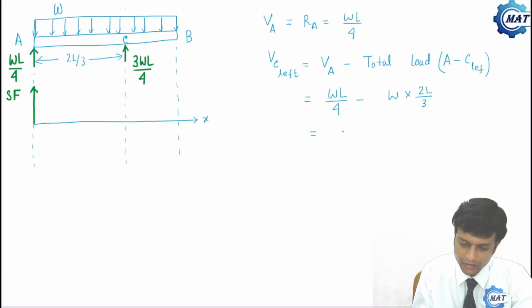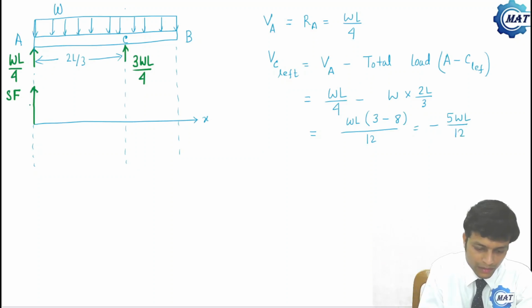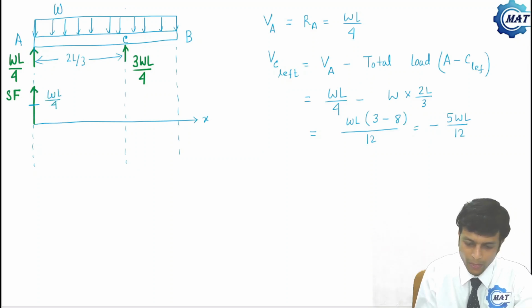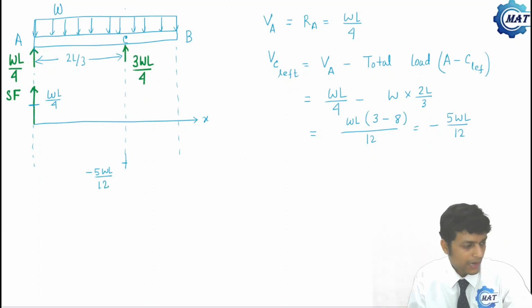Calculating that we will get WL by 12 times 3 minus 8, that is minus 5WL by 12. So the value was WL by 4 at point A, whereas just left to C the shear force becomes minus 5WL by 12.